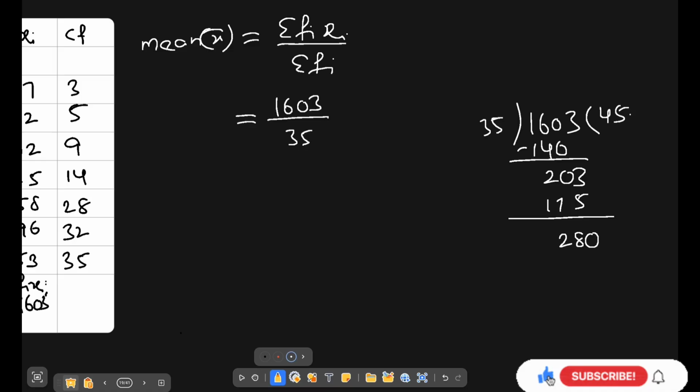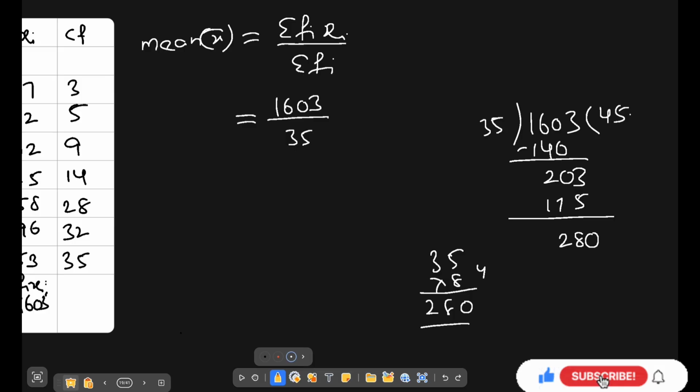Now it becomes 280. 35 8 times? 8 5 is 40, 8 3 is 24 plus 4, 28. 280.